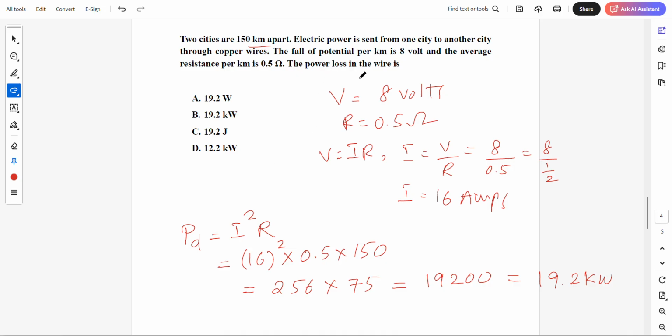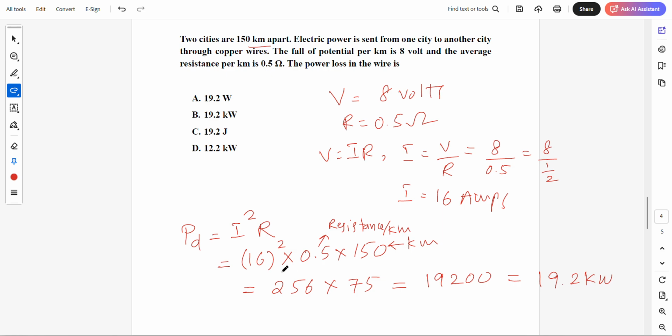Dissipated. I mean the power loss in the wire is given by P is equal to I square into R. Why are we multiplying this? Because there is a distance of 150 kilometer, and this is resistance per kilometer.